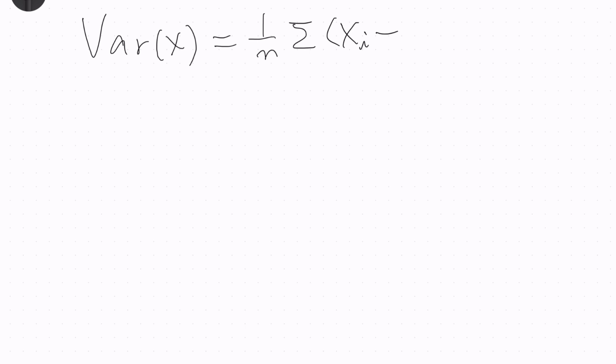If you want to know why, the definition of variance is 1 over n, sigma, xi minus mean, squared, right? This is the variance definition.